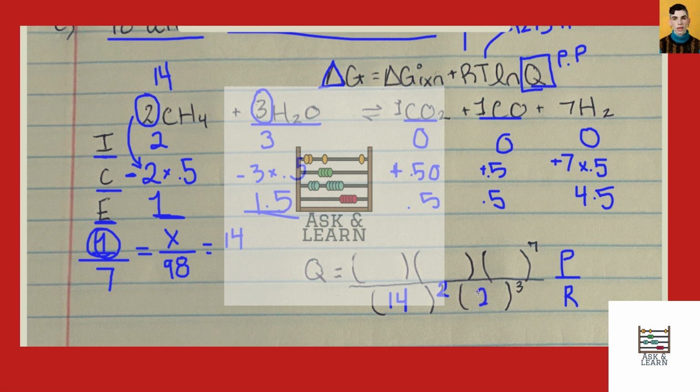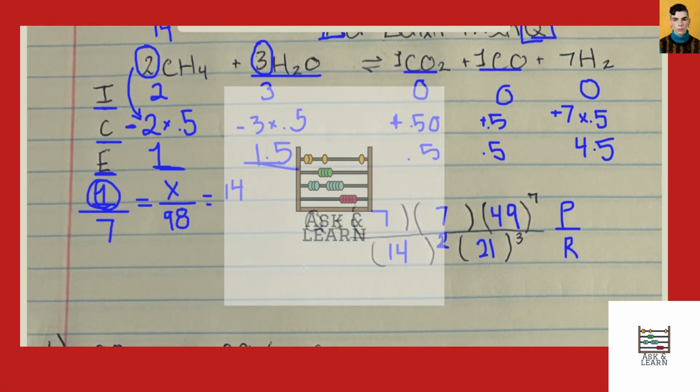Sorry about that. 21, and then we have 7 for CO2, 7 for CO, and 49 for H2. Great. So now you're just going to solve for Q, and that should give you 1.8 times 10 to the 7.